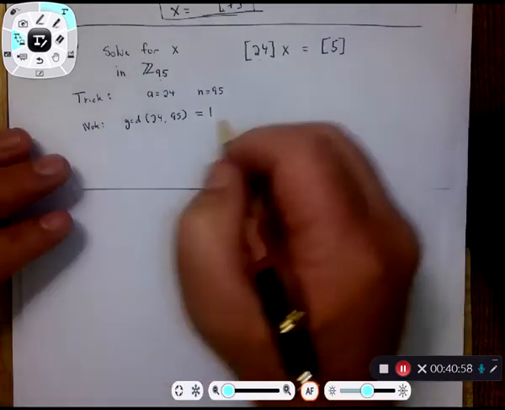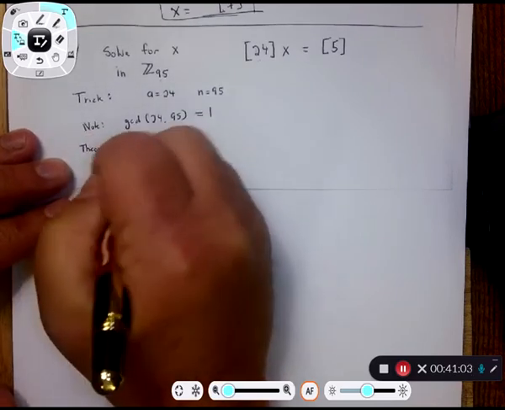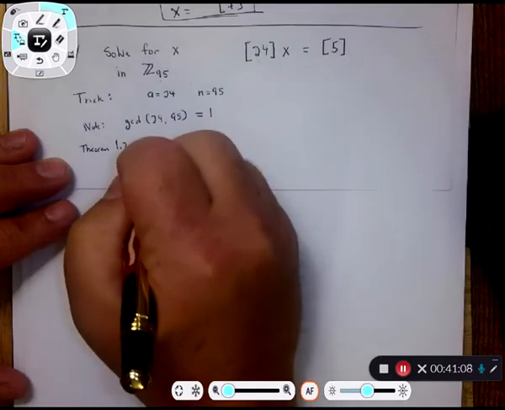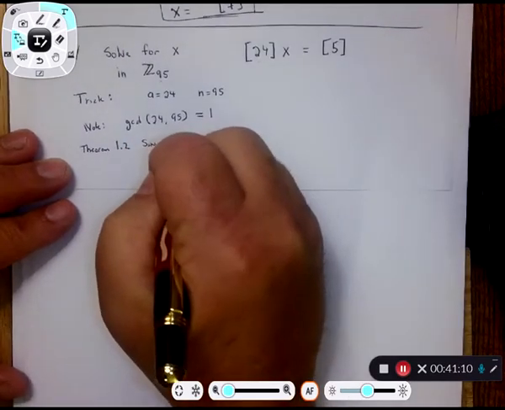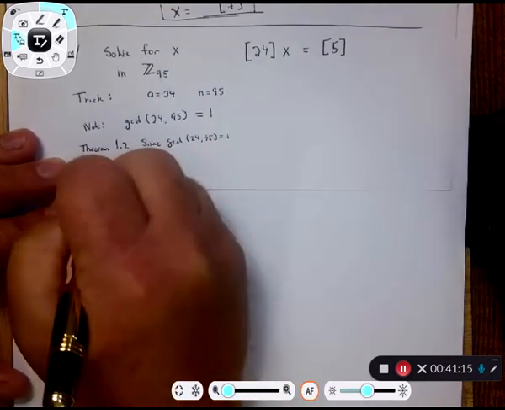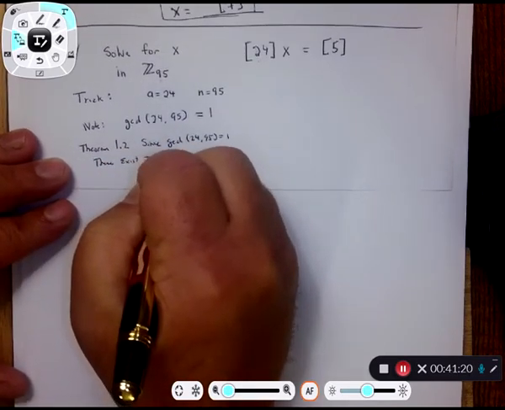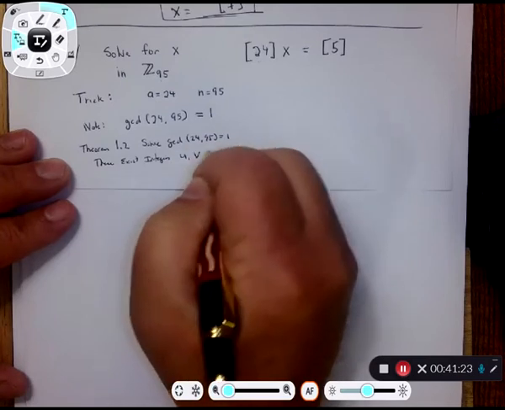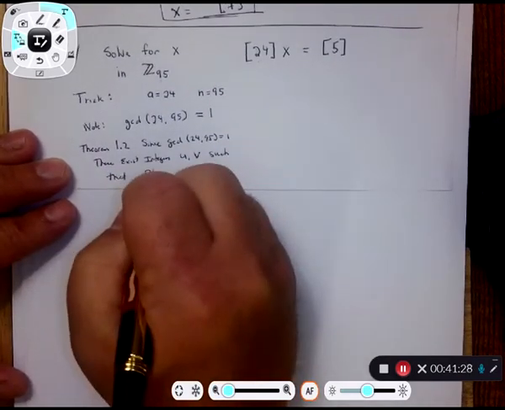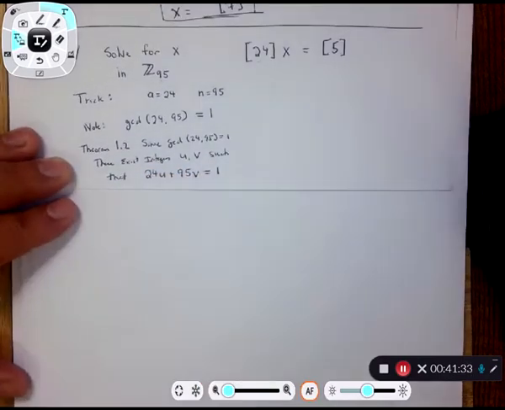Now remember, from Theorem 1.2, and you're going to start memorizing these numbers, since the GCD of 24 and 95 is equal to 1, there exist integers u and v such that 24 times u plus 95 times v is equal to 1.